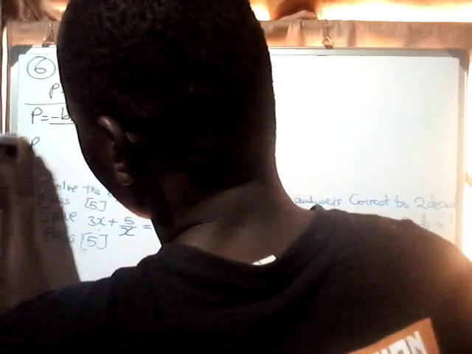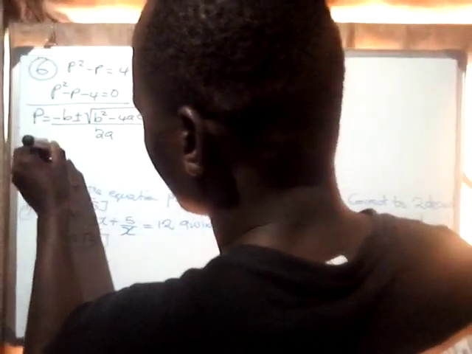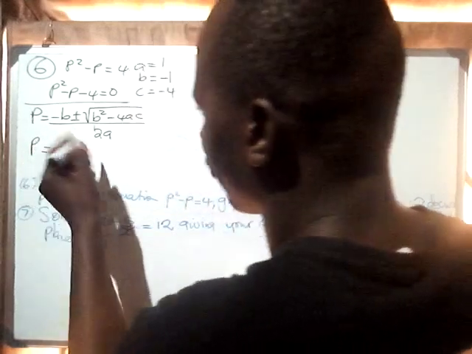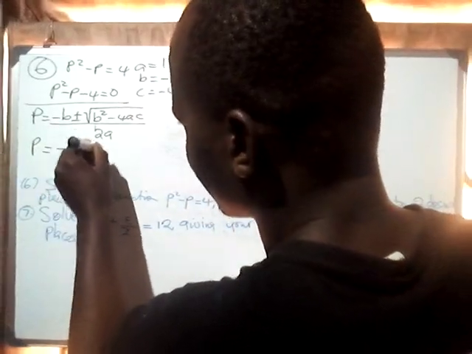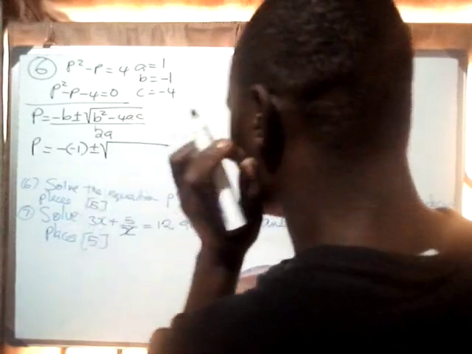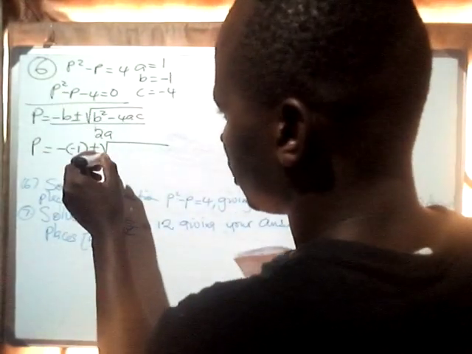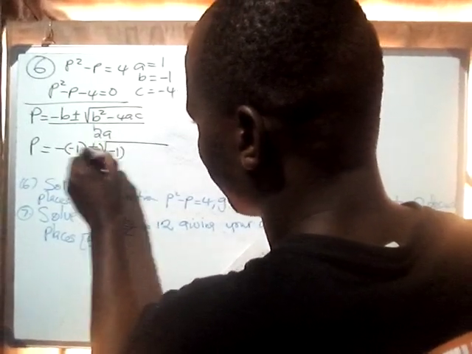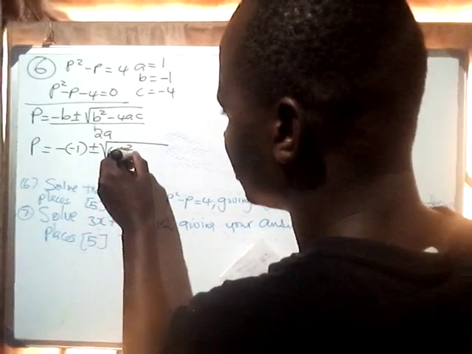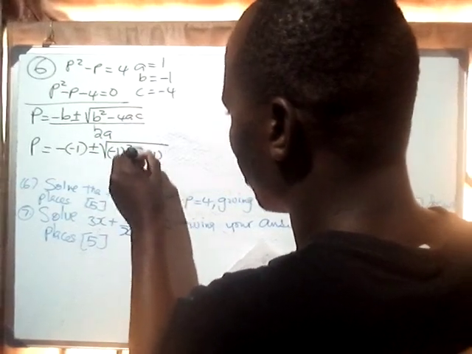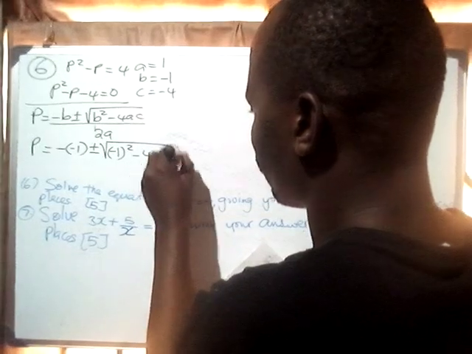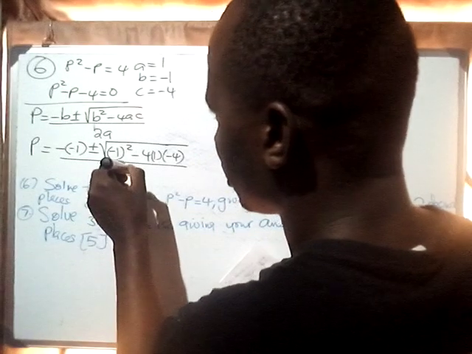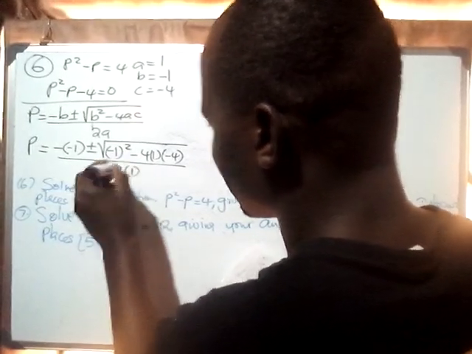So continue by saying p is equal to negative b, which is negative 1, plus or minus the root of b squared, which will be negative 1 squared, minus 4 times 1 times negative 4, then everything over 2 times 1.